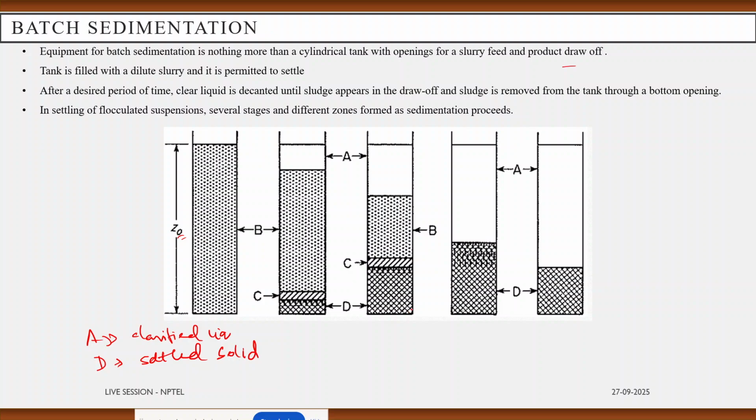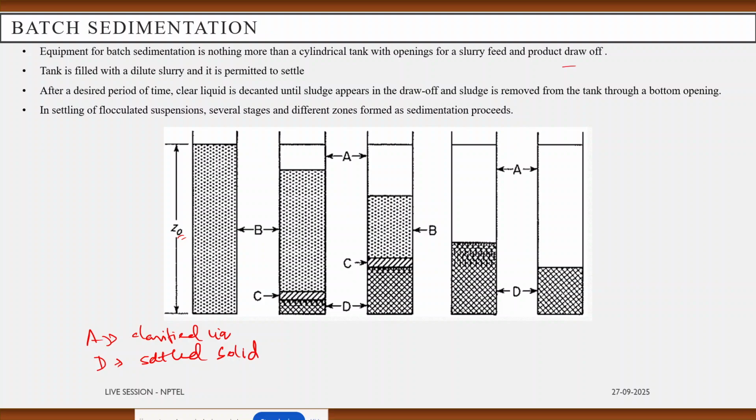So the boundaries between zone D and zone C, and between zone C and zone B, may not be very distinct. The boundary between zone A and zone B is obviously quite visible, and it increases. That of C remains constant and that of B starts decreasing over the period.